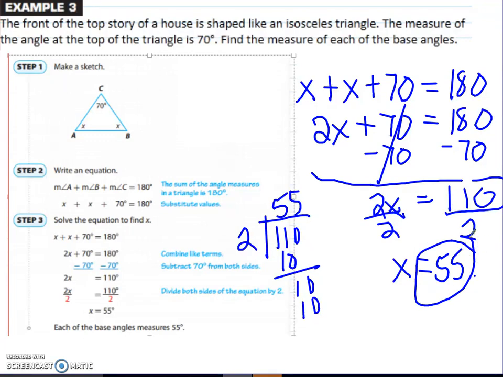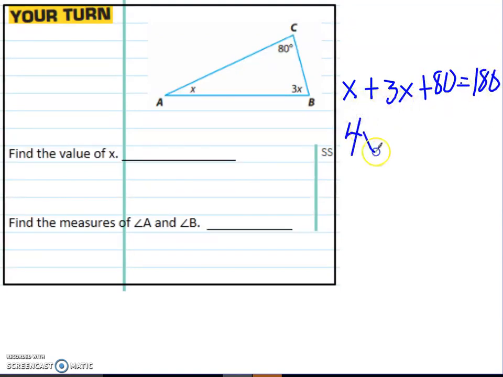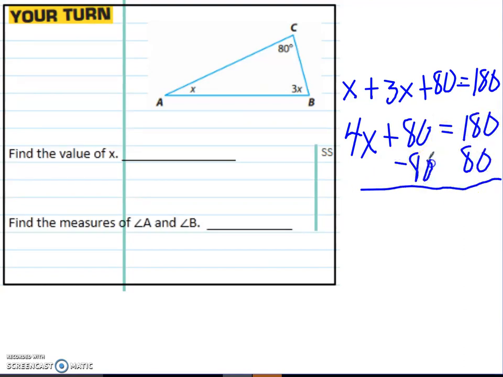All right, let's take a look at the last one. Okay, on the last one, we are going to have x plus 3x plus 80 equals 180. x plus 3x is 4x plus 80 equals 180. We're going to subtract 80 from both sides.